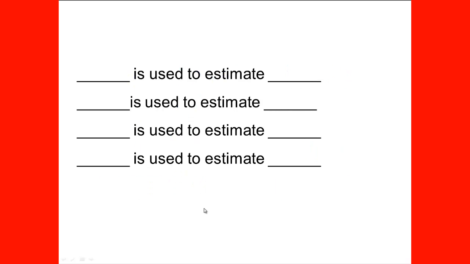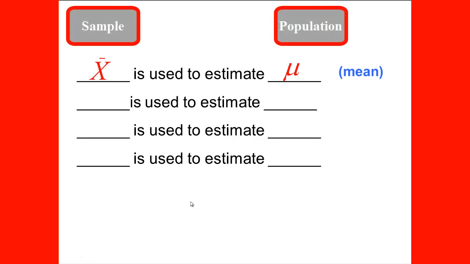We will also need to review some of our variables and notation that we use for this topic. For the mean, we use X bar to estimate mu. Both of those are referred to the mean, where X bar is a sample mean and mu is the population mean.